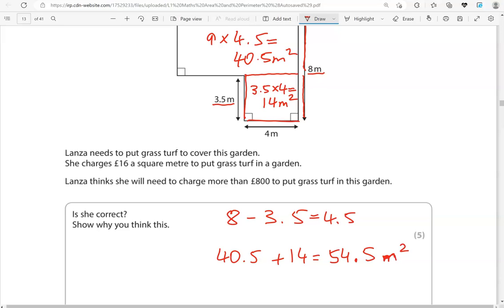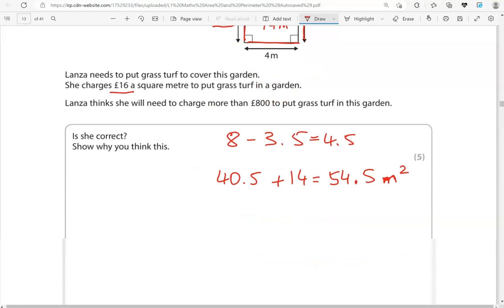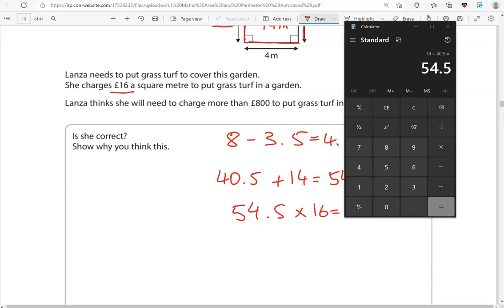So there are 54.5 square meters in the garden, and Lanza charges £16 a square meter. So what we're going to do is 54.5 times 16, which is £872.